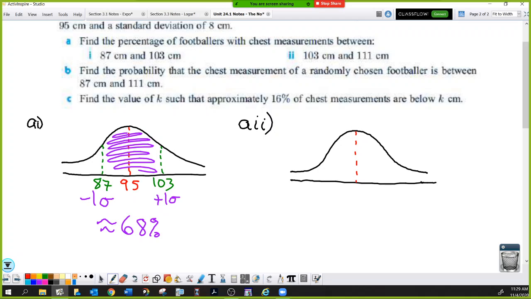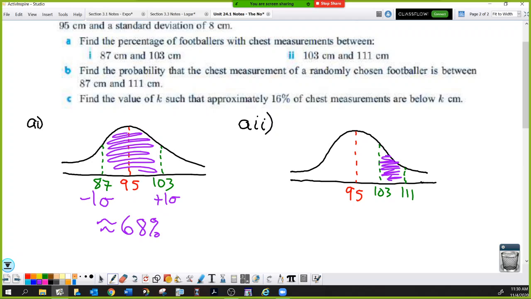Right there, I'm drawing the same picture, 95 right there. But now my two numbers are 103 and 111. We've been asked to figure out how much data falls between these two green lines. Well, the 103 hasn't changed.